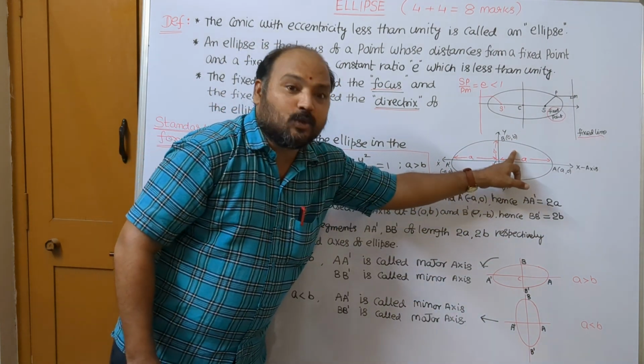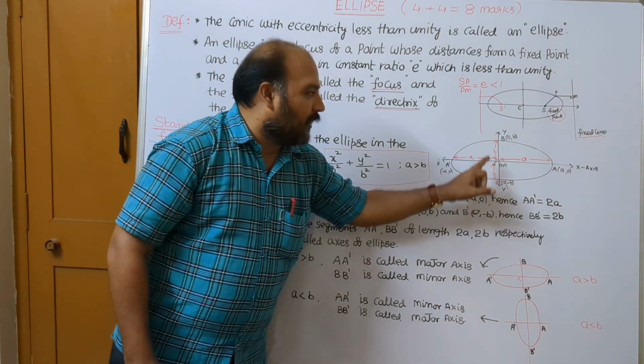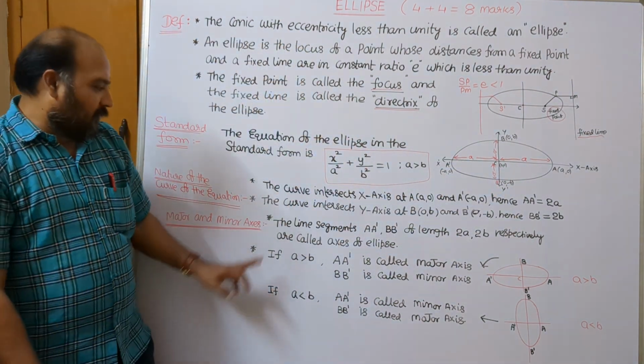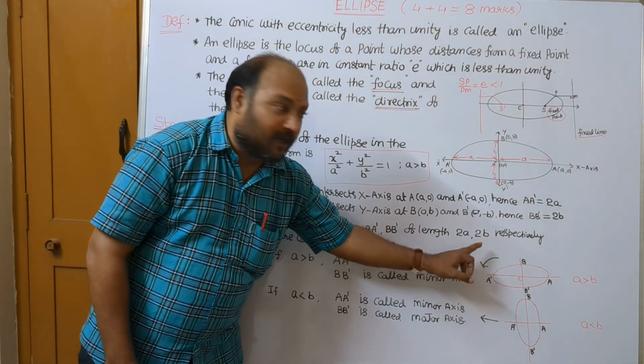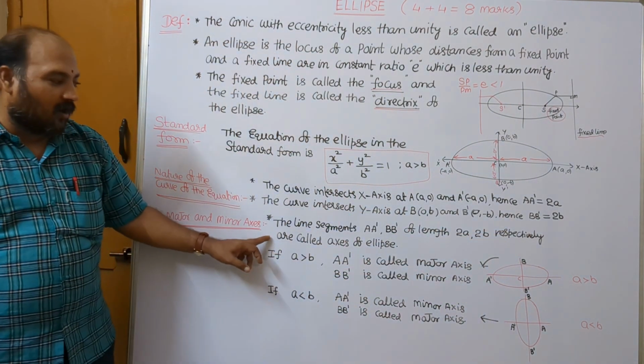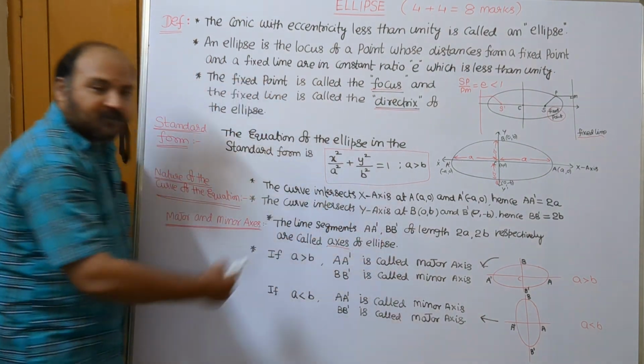A plus A is 2A, so A dash equals 2A. B plus B is 2B. So the line segments A dash and B dash, of length 2A and 2B respectively, are called axes of the ellipse.